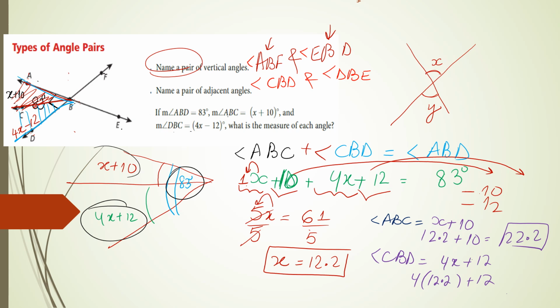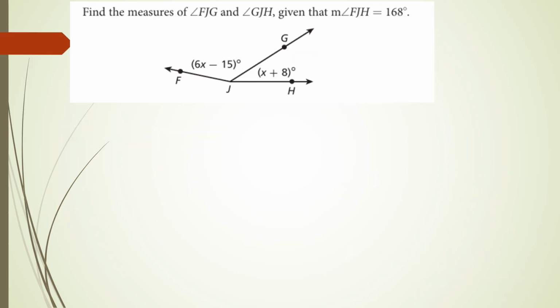It's minus 12, not plus here, because 60.8 is not possible. So it will be minus 12, which gives you 36.8. Now 36.8 plus 22.2, you will see that it equals 61. So this is how you find the measure of the angles.